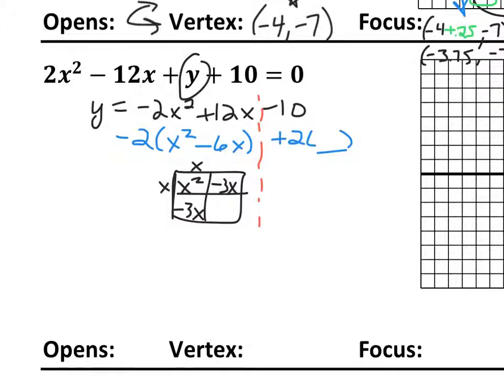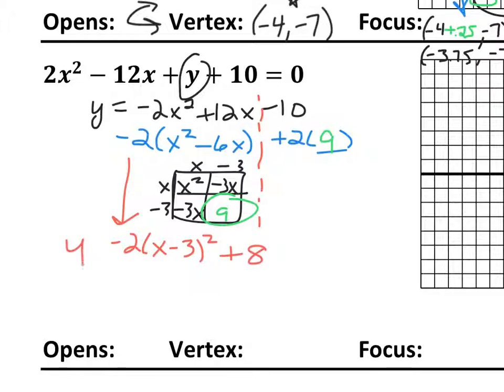So x, negative 3, negative 3. So bring down negative 2, x minus 3 squared. We need a 9, so that's going to be 9. And we have negative 10 plus 18 is 8. So y equals negative 2 times x minus 3 squared plus 8.